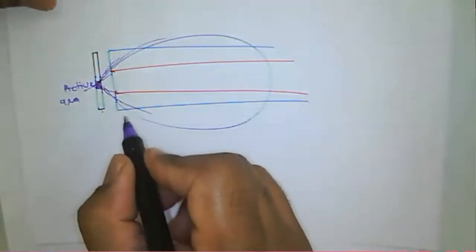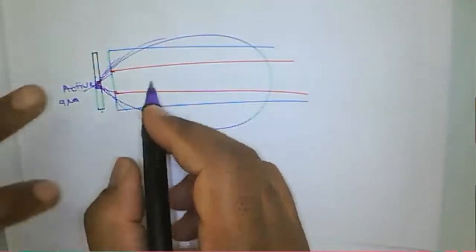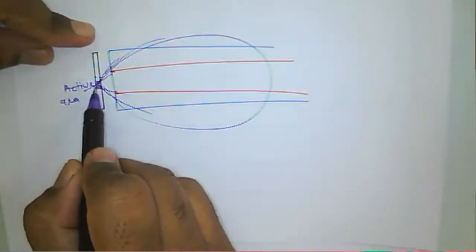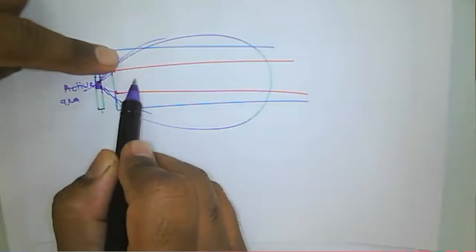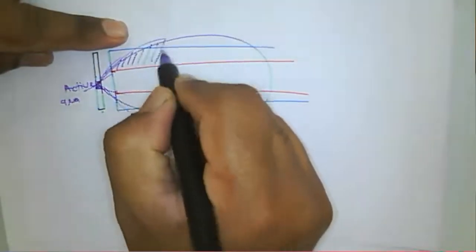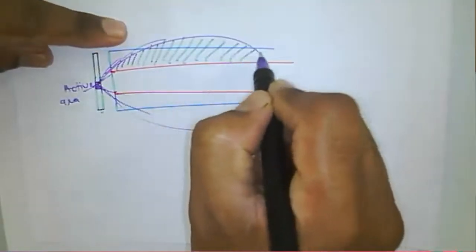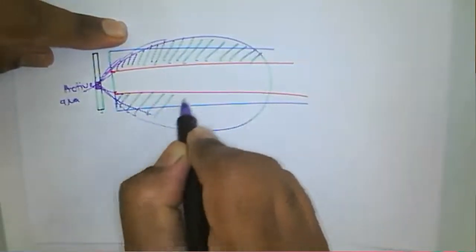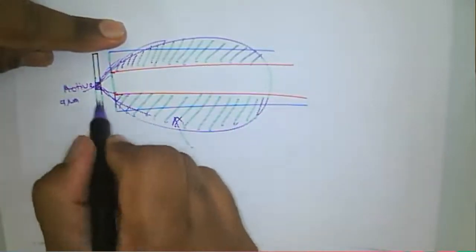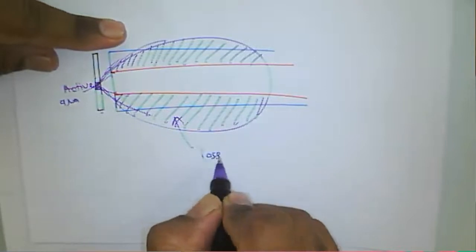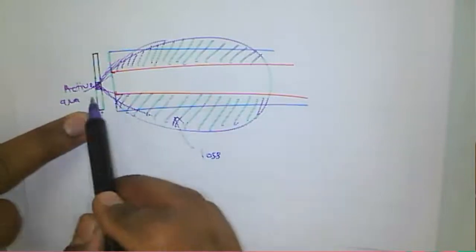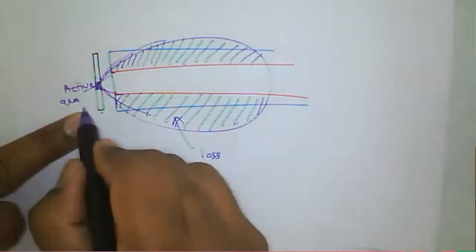Whichever light is coming from the source will be launched inside the fiber there. Now this particular region here is again a part of the radiation pattern of your source. But whichever light is coming from the source here is nothing but a loss, because it will not propagate inside the fiber.